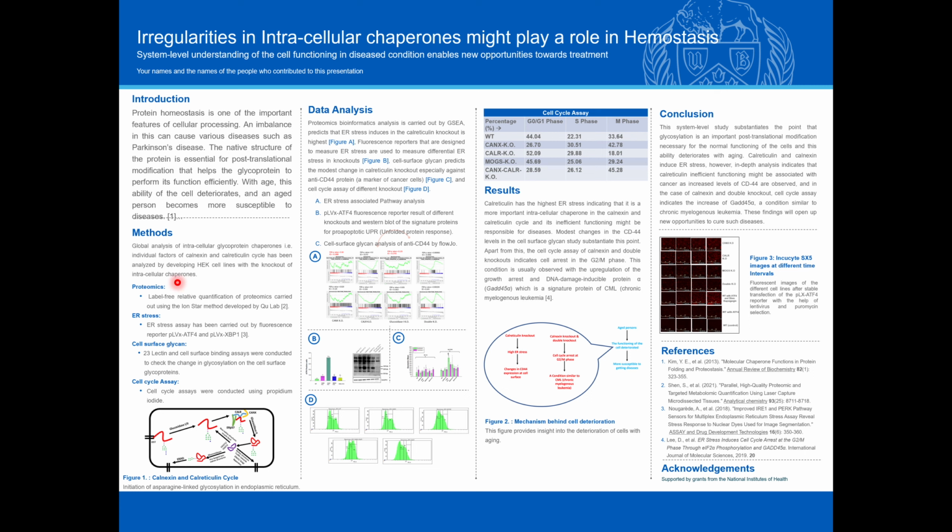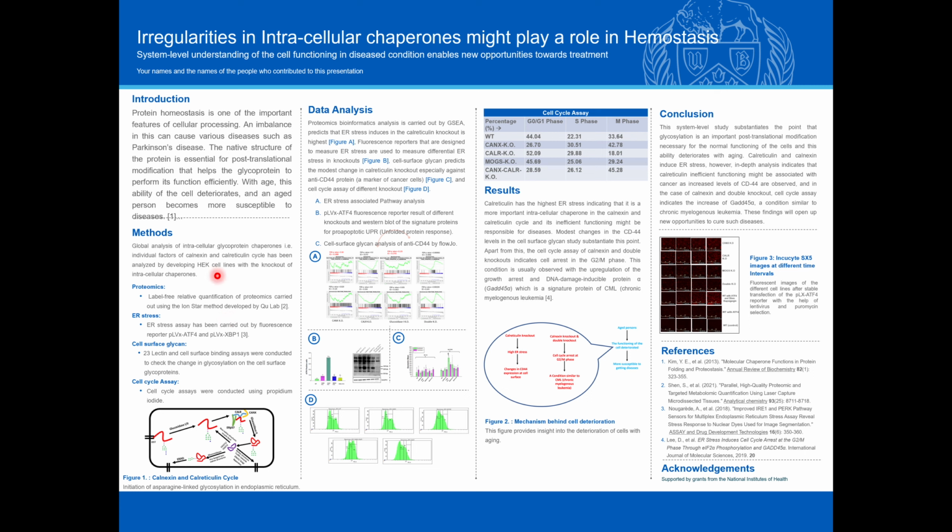This study used four kinds of methods. The first one is the proteomics method. From the proteomics method, we did the relative quantification through the iron star method that has been developed by QLab.